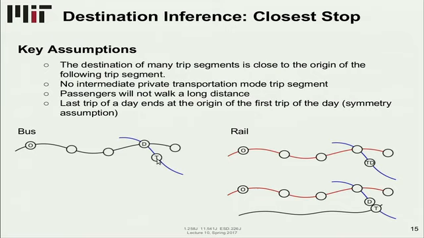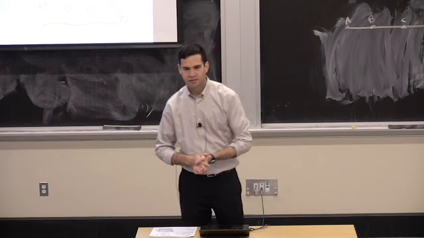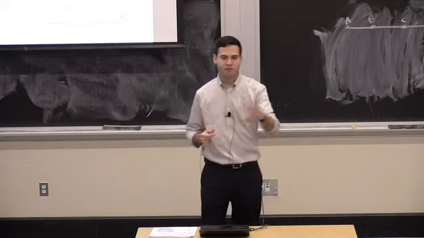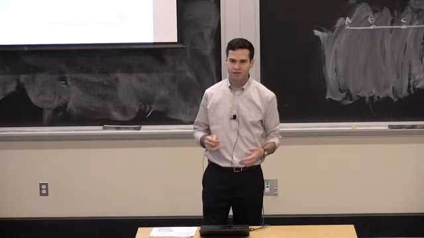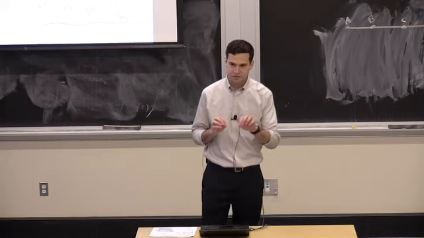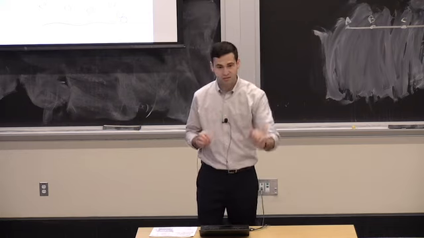We want to get as close as possible to the target, so we'll say that the destination is D if the distance between D and T is small enough. Because if it's 3 kilometers, we might say we have no clue. This person may have moved with a different mode, and therefore this assumption of closest stop may not apply. So in those few cases, we won't make an inference of destination.